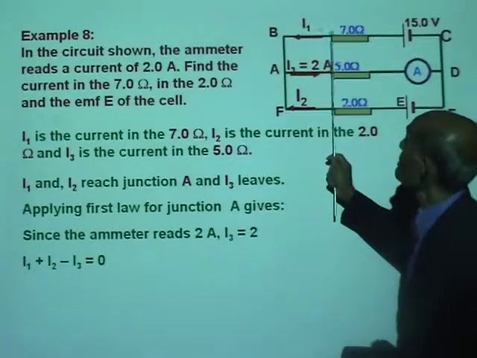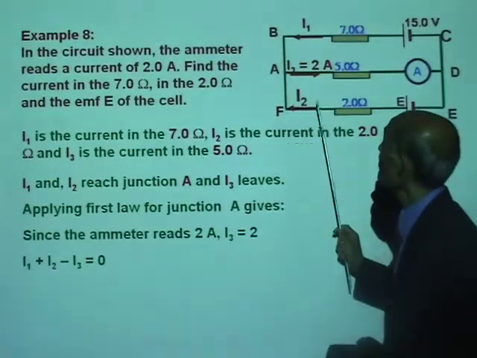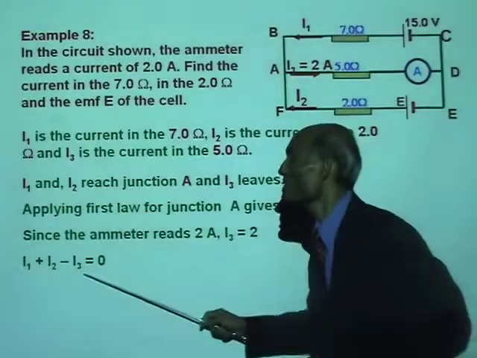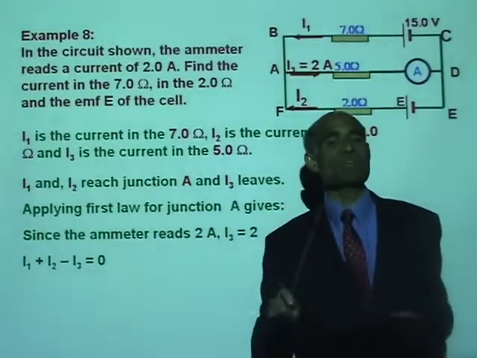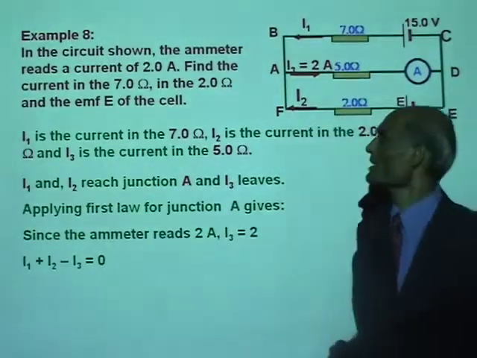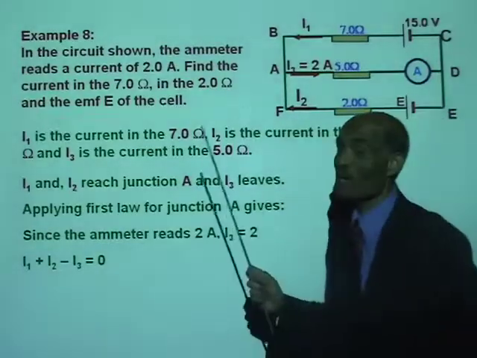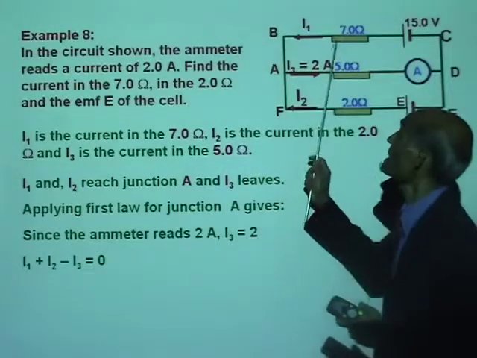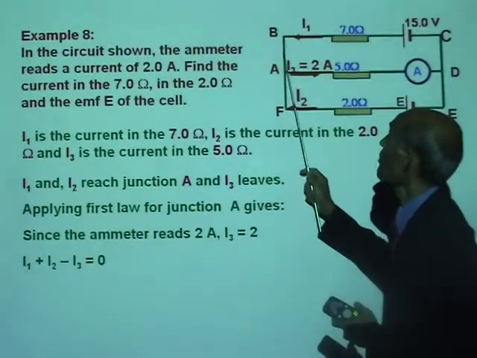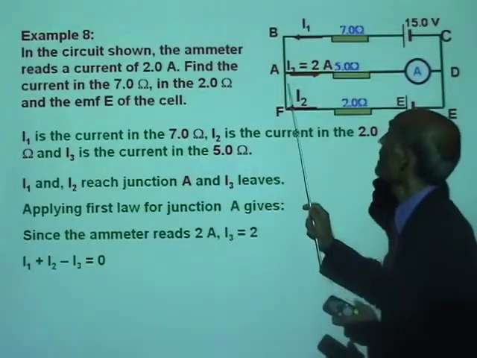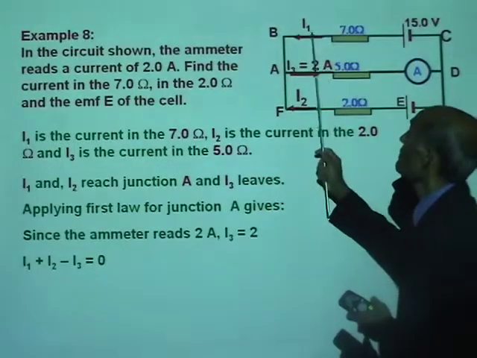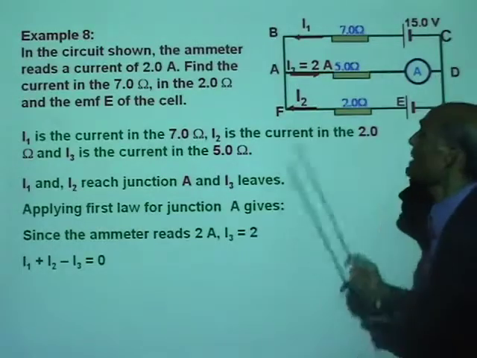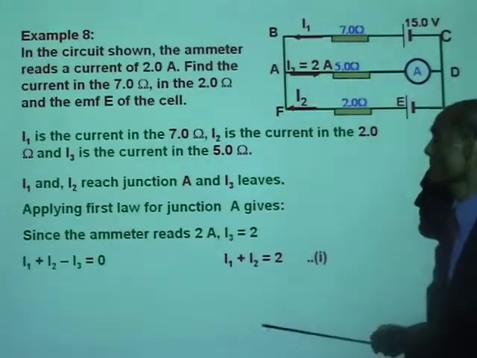So look at the equation we're going to write: I1 plus I2 minus I3 equal to 0. That is how we apply the first law here. The algebraic sum of the currents meeting at a point is 0. Don't make a mistake there. Current reaching a point is positive and current leaving is negative. So I1 plus I2 minus I3 equal to 0.